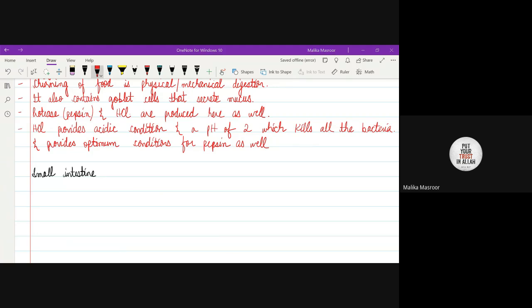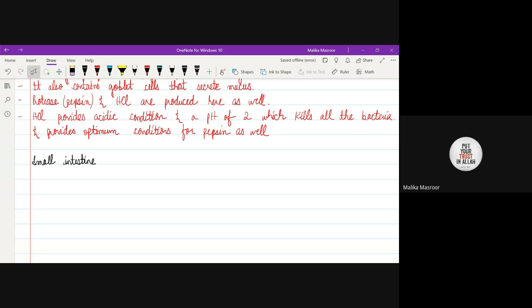The first part of the small intestine is the duodenum. The last part is the ileum. I told you.